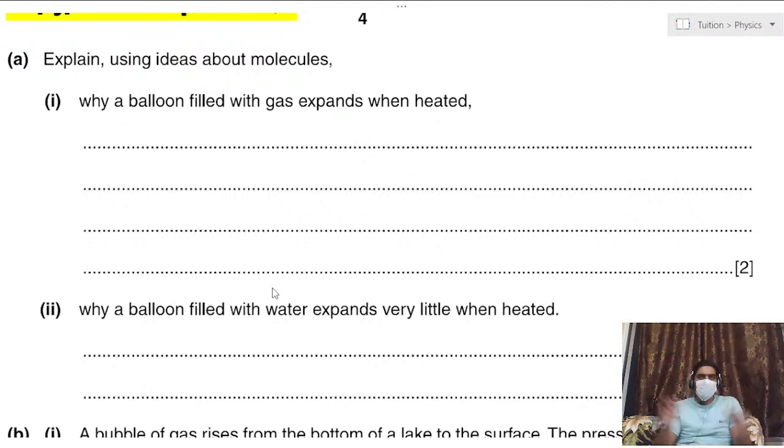They apply pressure, and due to that, the balloon will expand. So these are the important answers. Just note down these as well. Kinetic energy of the molecules increases.